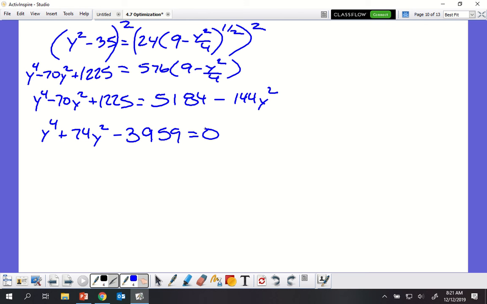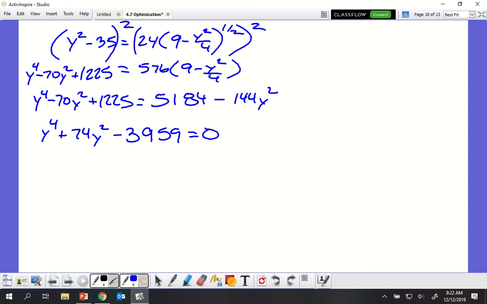Okay, now this is a calculator problem. I have got you to the point where we can actually use the calculator, right? So, we know that this has to be equal to what? 0. And what's going to be the domain for these values? 0 to 6, because we stated that at the beginning.